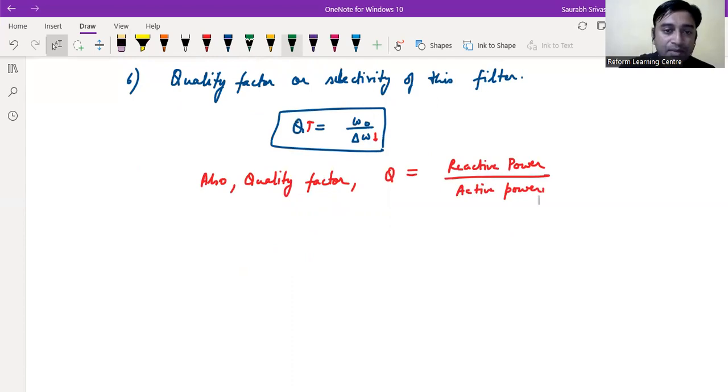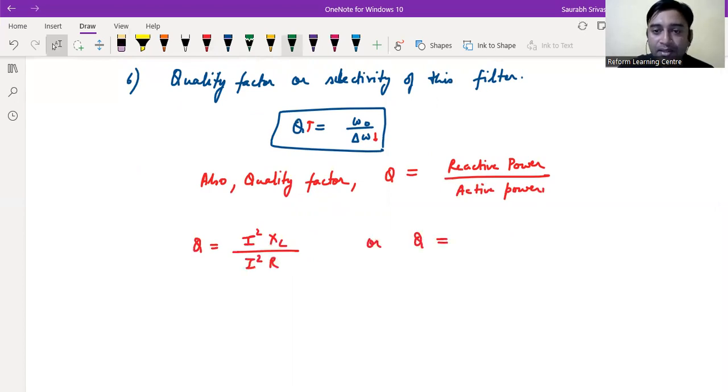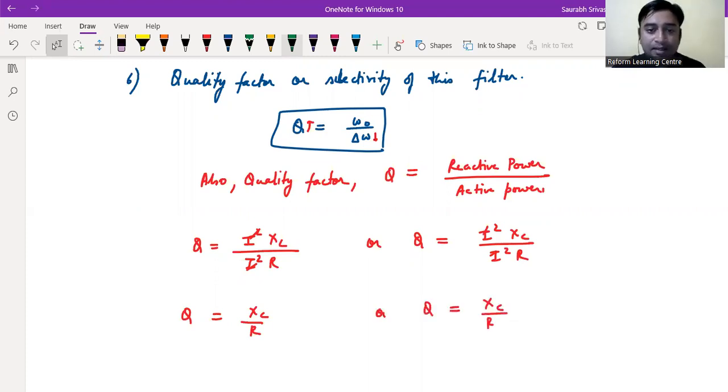Therefore, Q can be written as I square XL upon I square R, or Q can also be written as I square XC upon I square R. I square cancel. Q can be written as XL by R, or Q can be written as XC by R. And since XL and XC are equal, दोनों से रिजल्ट सेम आएगा. चेक कर लेते हैं.